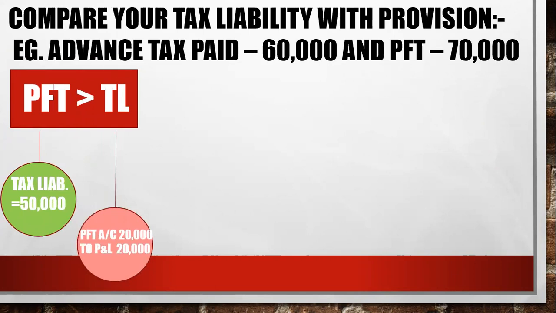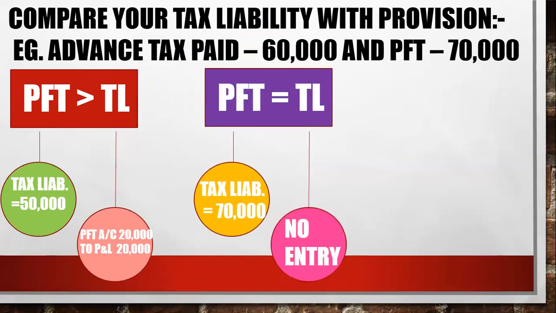Okay. So now we are just comparing my tax liability with my provision. I am not comparing with my advance tax payment. So just focus on your tax liability and your PFT balance. Clear that? In the second situation, we'll take PFT equal to tax liability.